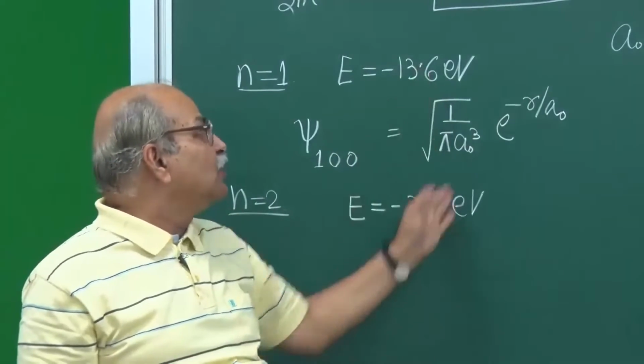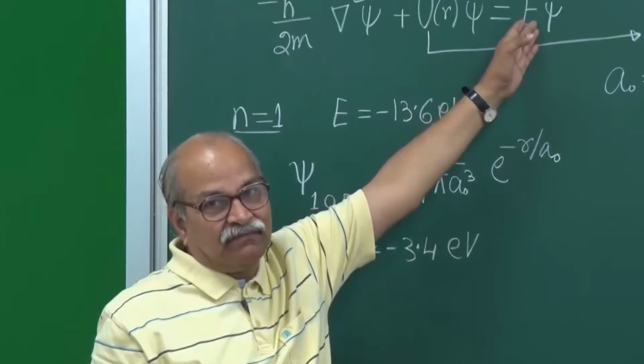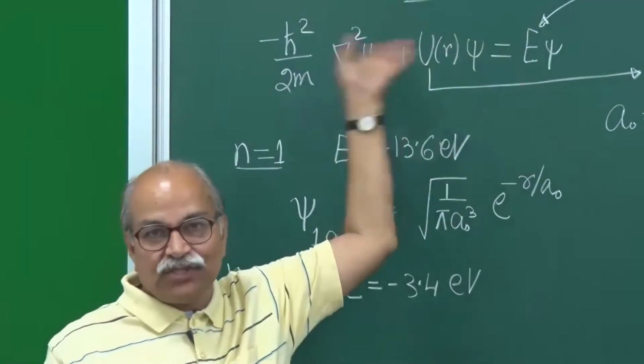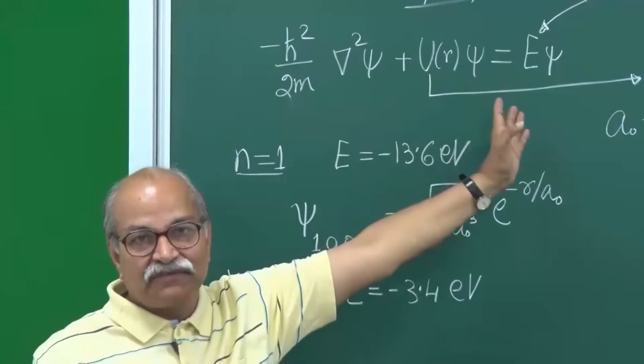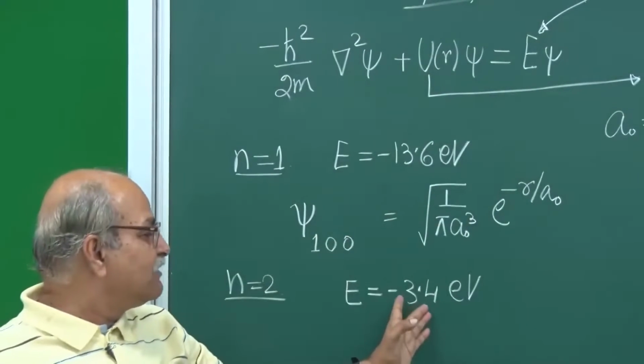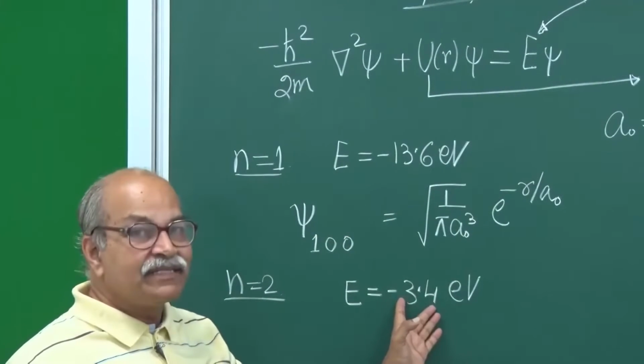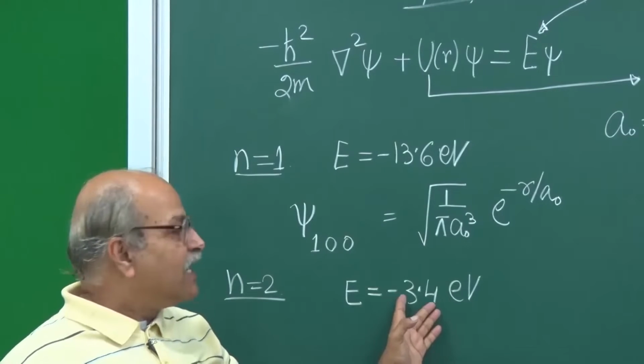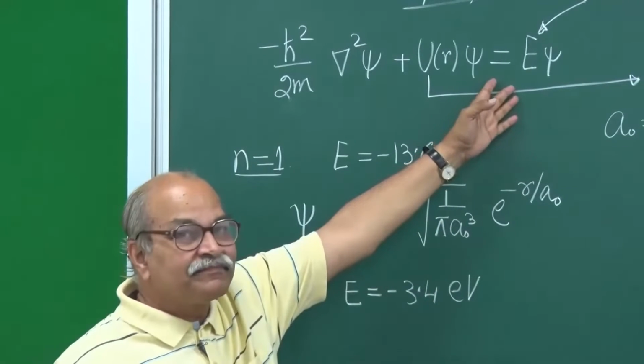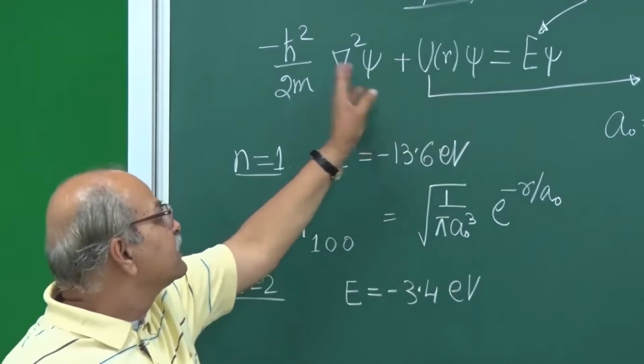Anything between these two, if you put here, you do not get any solution, any functional form of psi. So the next energy allowed is this. And if this is the energy, then what is this psi?